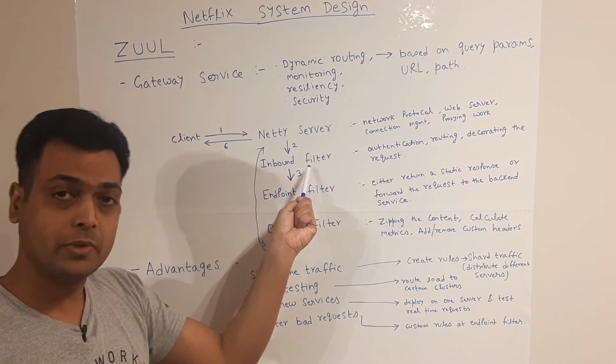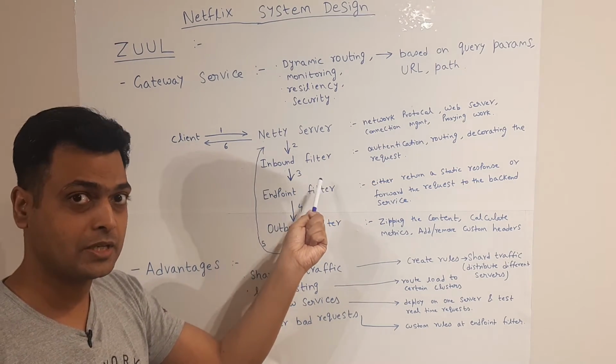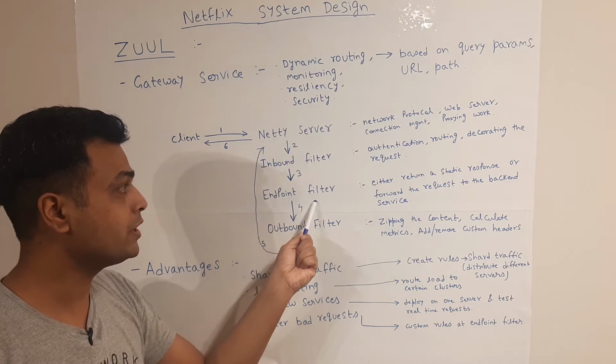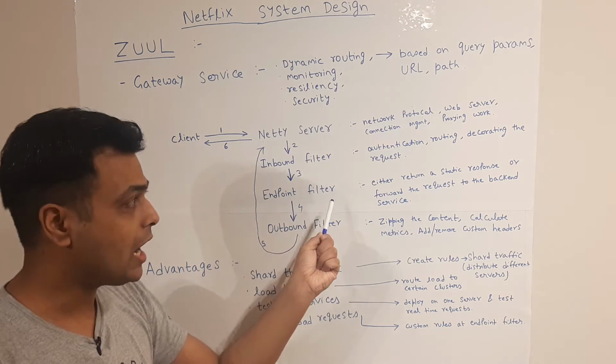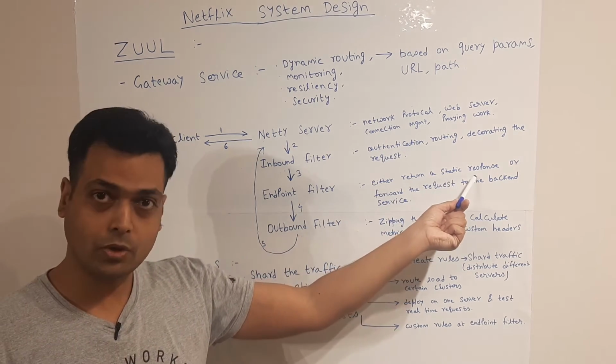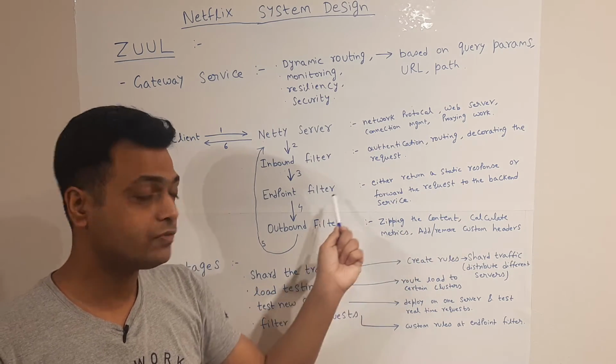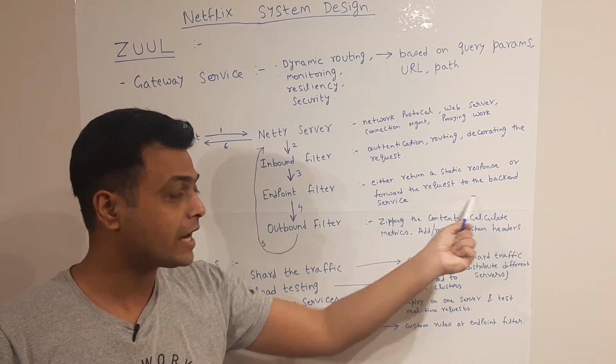After passing the inbound filter, the request goes to the endpoint filter, where either we return a static response to the request or we forward the request to the correct backend service.